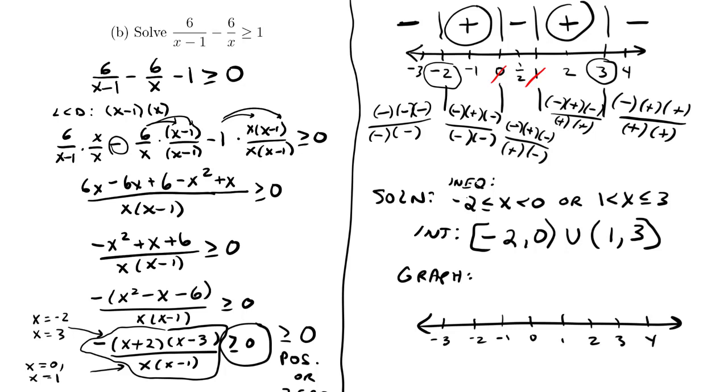All right, negative 2, closed, 0, open, everything in between. 1, open, 3, closed, everything in between. So like that, or like that. And that's done. So there's rational inequalities.